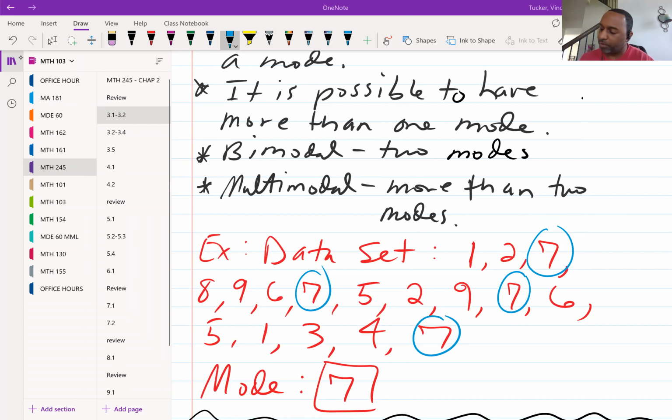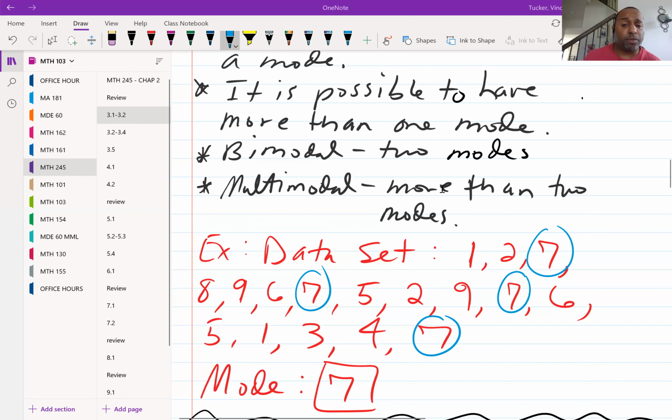Any problems, any problems? All right, so this is the mode.